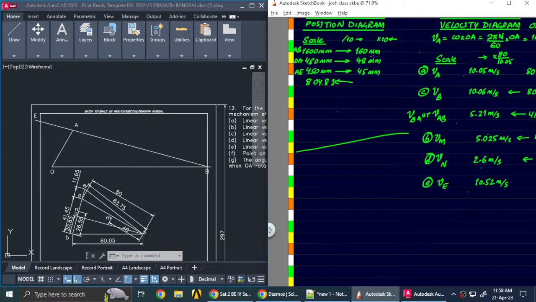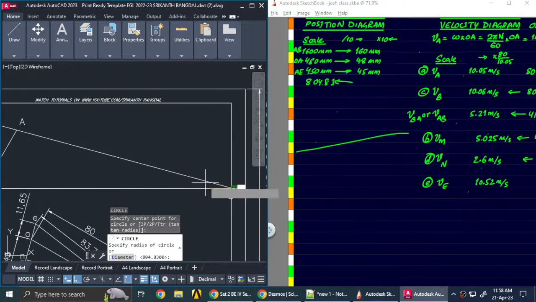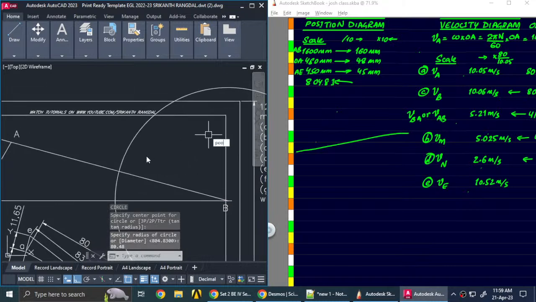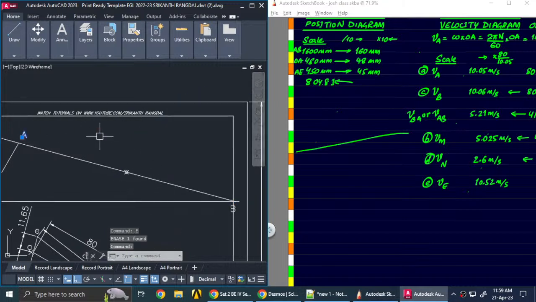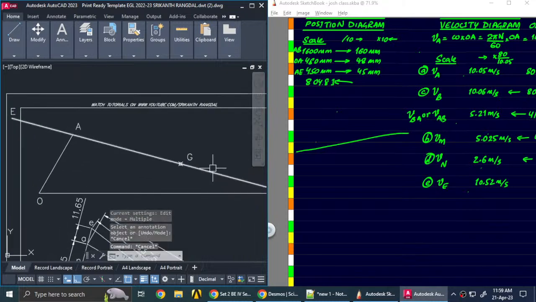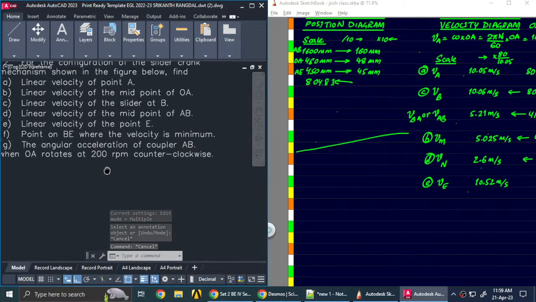Divided by pi, so 80.48. We need to draw 80.48, and this point is the point G. This is the point G where the velocity is minimum.